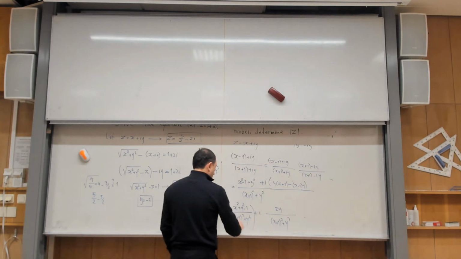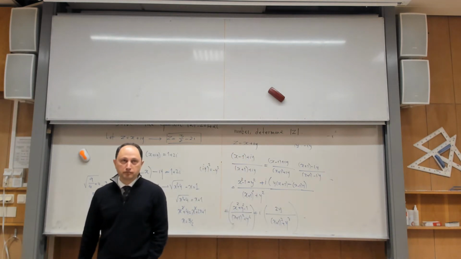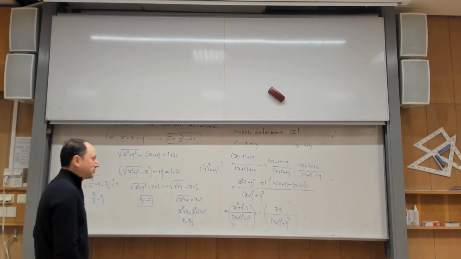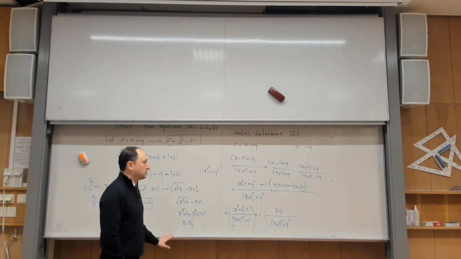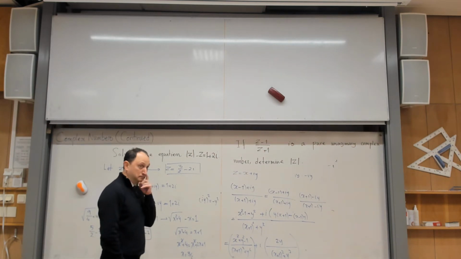Yes? This is my real part, this is my imaginary. So what is the conclusion now, by the way? You see the problem is extremely simple, and you just use the rational approach. So can you finalize the problem? Go back again, read it and finalize it.